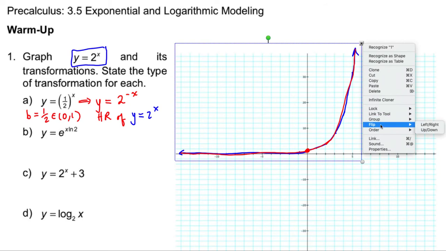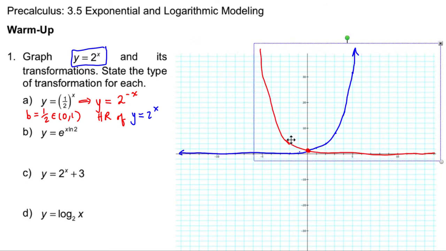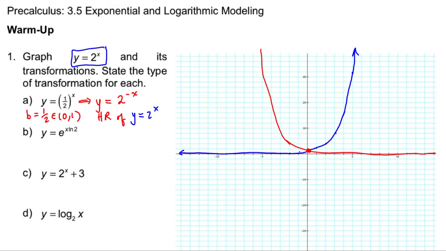And so when I flip that now, I know where to flip the point. I know to put that at the y-intercept. Okay, so we have our exponential growth and exponential decay curves. And they are y equals 1/2 to the x and y equals 2 to the x.